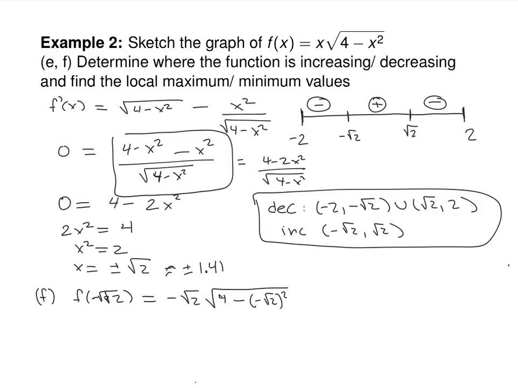You've got to actually figure out what number this is because you're going to have to graph it. I just plugged that number into the original because I want to figure out how far up or down the function goes. And this is negative root 2 times another root 2. Is that right?